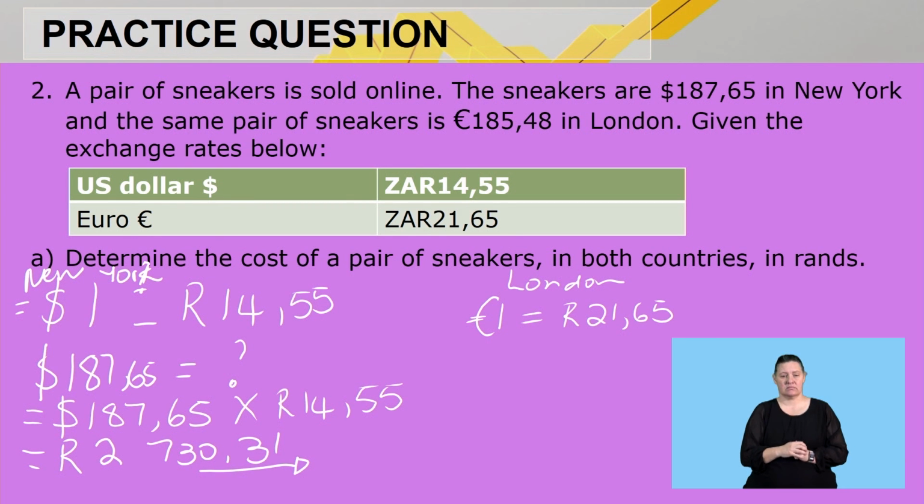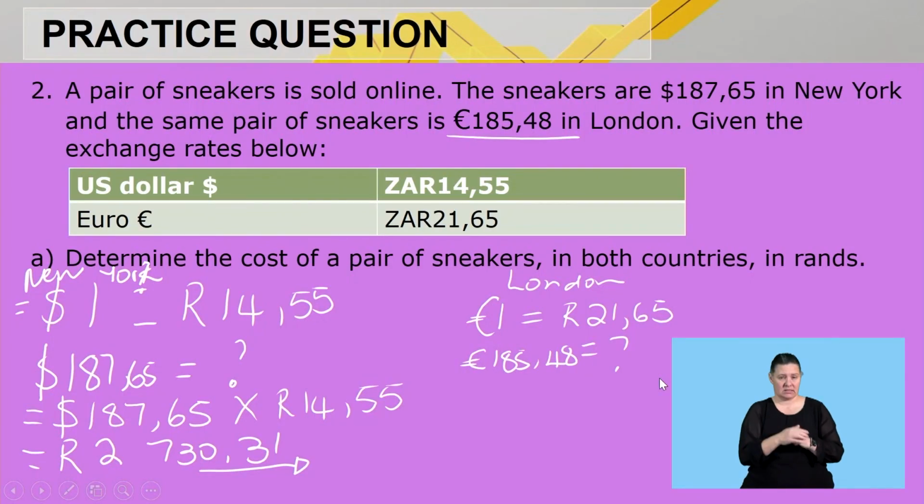So in London, this pair of sneakers costs €185.48. Now I am to calculate the amount in South African rand as to how much I am going to pay. So we are converting from a foreign currency to South African rand. We are also going to do the same procedure of multiplication.